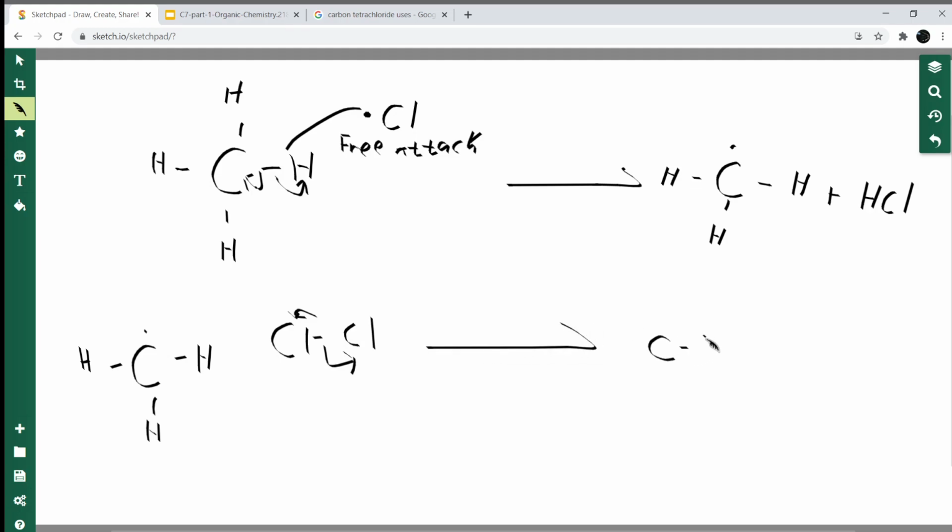So that we'll get this and another free radical of chlorine, which keeps the whole process in motion going forward.